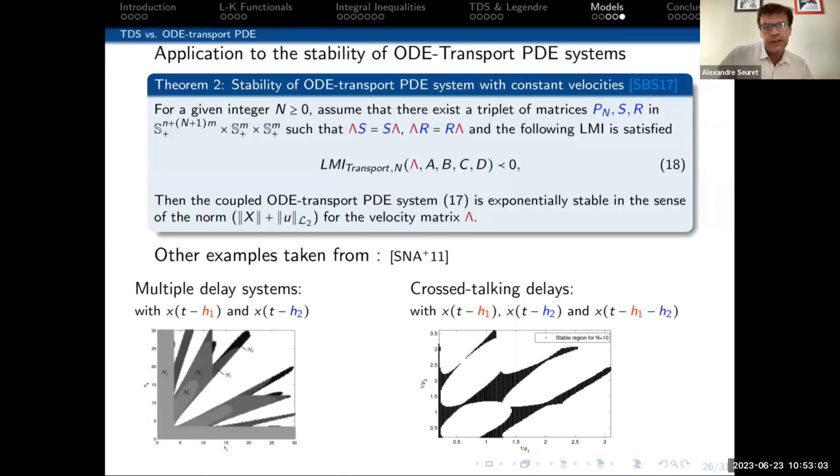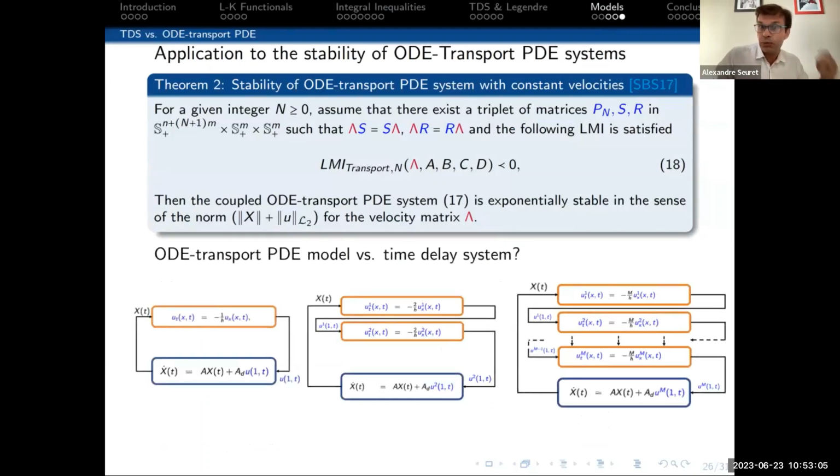And another issue is we can provide some ideas of how to provide some discretization LMIs for time delay systems by considering not only a single transport equation, but 2 or several transport equations. And at the end of each transport equation, you feed it back to another one, and the velocity is increased by 2.